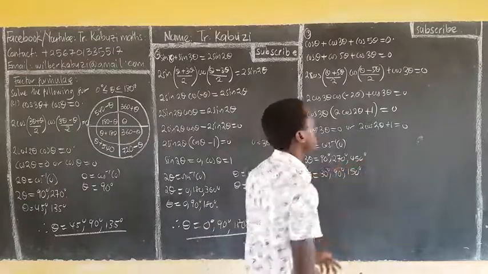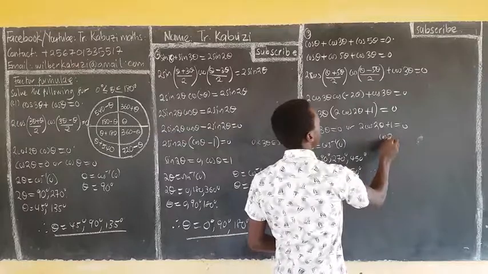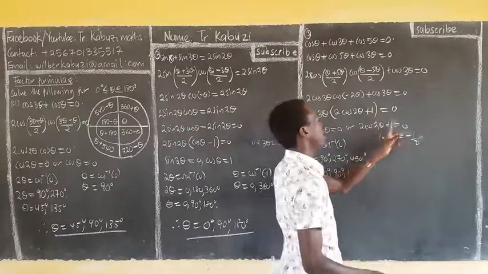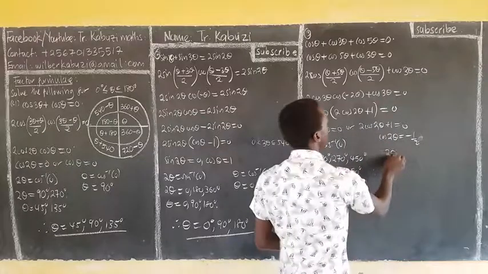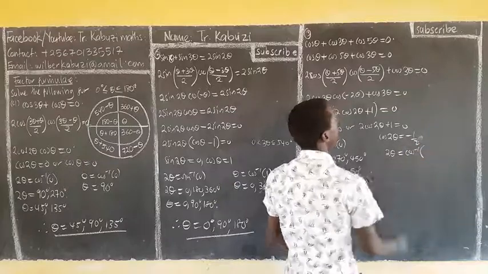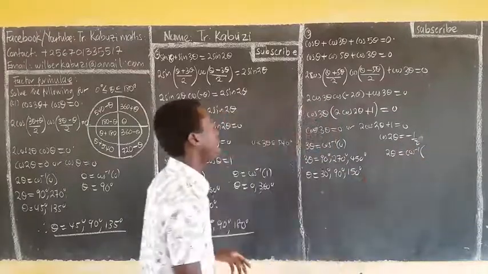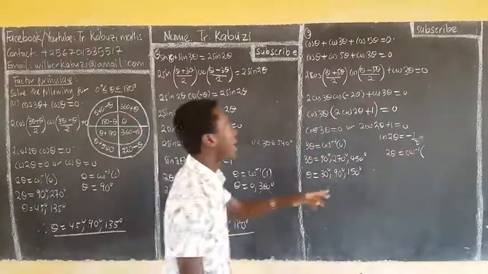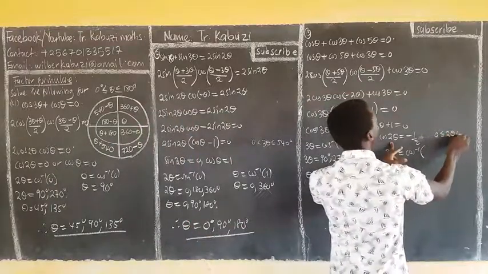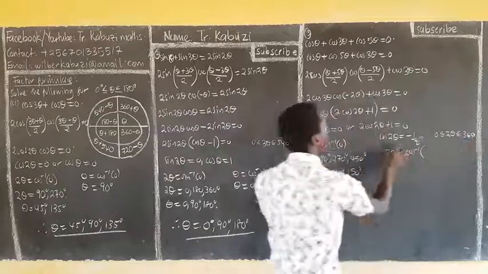If I come to this, now my cos 2 theta will be equal to negative a half. Take this and divide by 2. So your 2 theta here will be equal to cos inverse. Now the range I'm going to work with is 0 less than 2 theta less than 720. Why am I getting them?